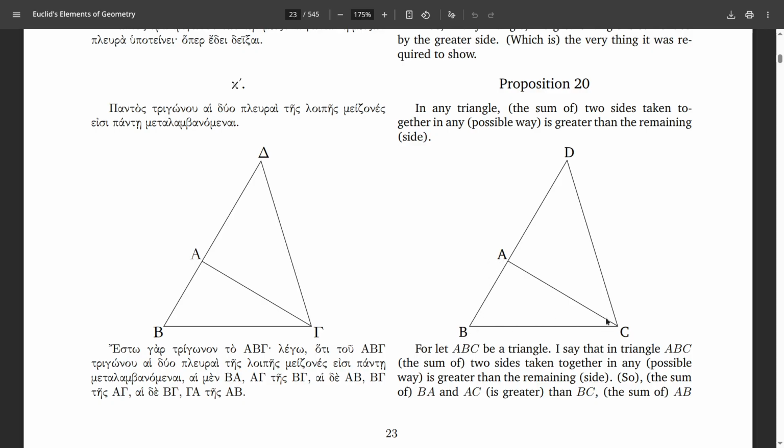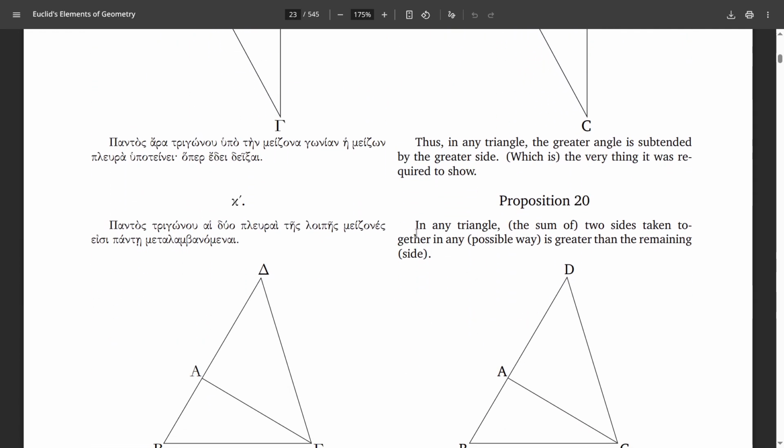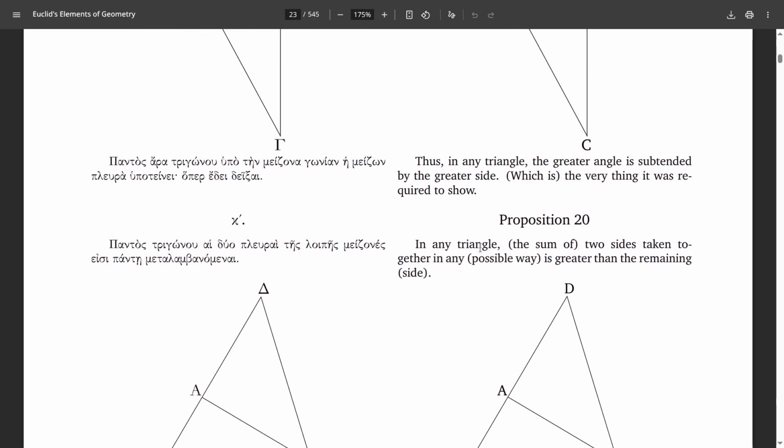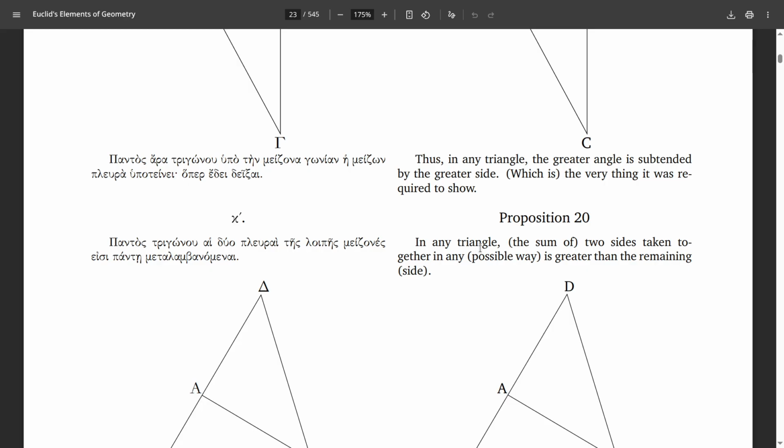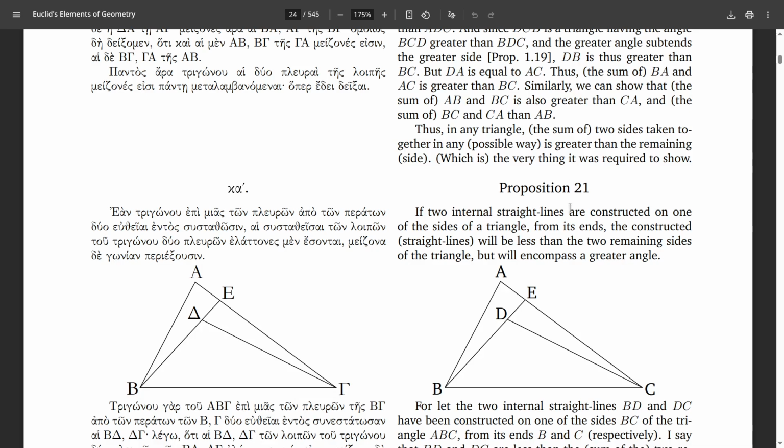So therefore, that is a different way of thinking about why the sum of two sides taken in any way is greater than the other side that forms a triangle. Okay, that was interesting.